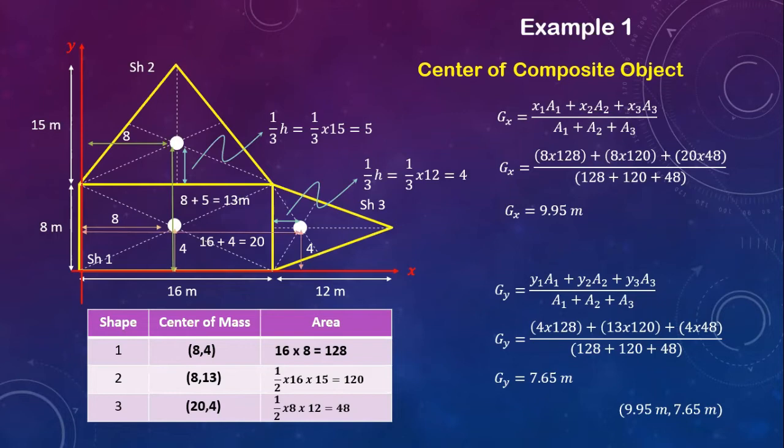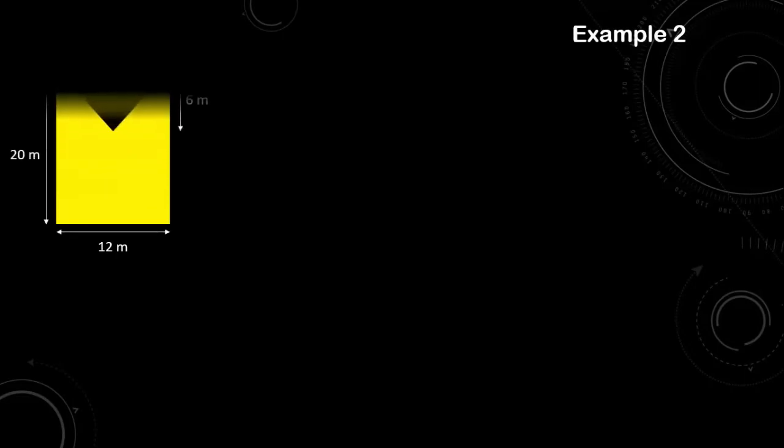Okay, students, I think example 1 is very clear. Students, now we go to example 2. Okay, students, look at this object. What is the shape of this object?